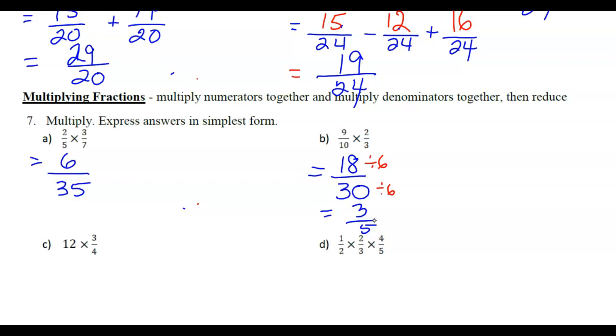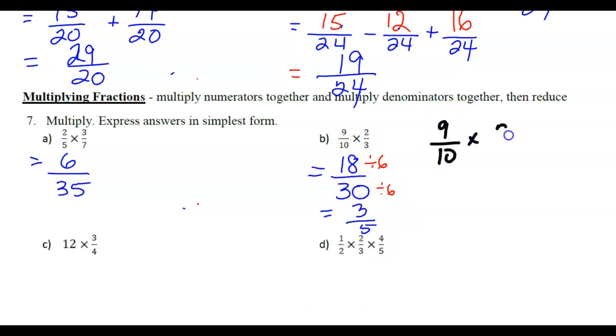Now, a little bit faster way that some of you might be doing is to look and see 9. Is there a common factor between 9 and the denominators, 10 and 3? Well, yeah, 3 goes into itself. So I'm going to actually just write this question out again here.